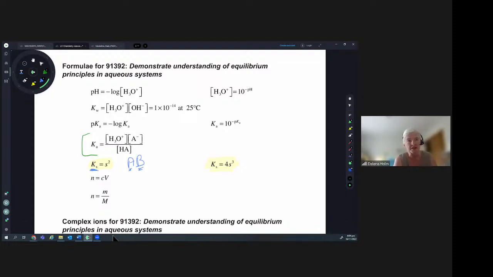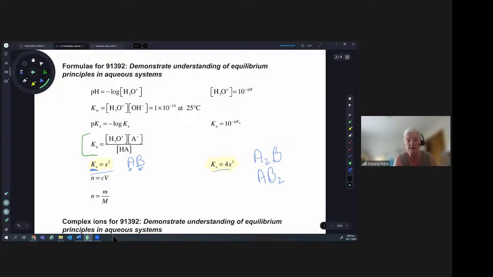For this other equation, you use it for A2B or AB2 salts. This is when there's either 2 cations for every 1 anion or 1 cation to every 2 anions. So this could be something like silver chromate for the first one, or perhaps calcium hydroxide for the second one. So this is when you use these 2 equations.